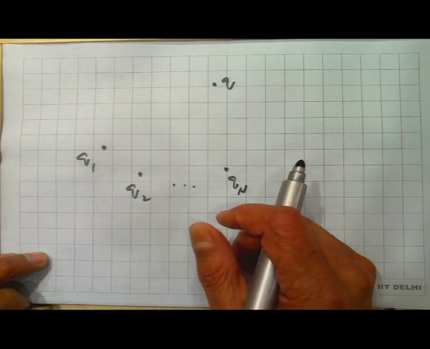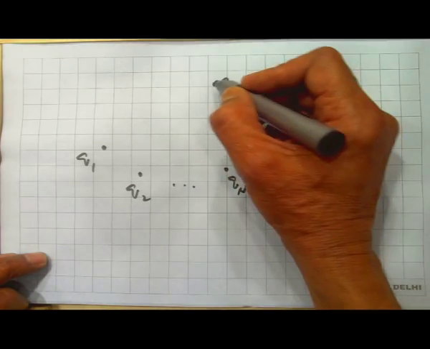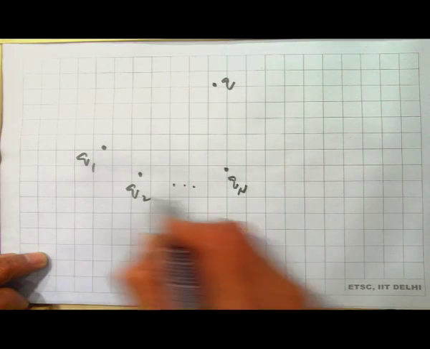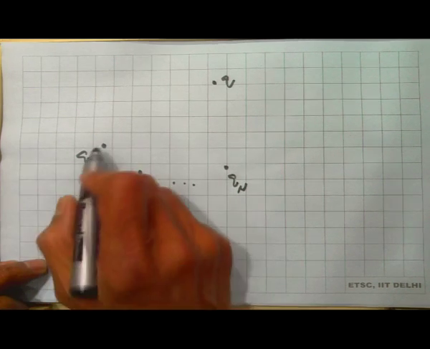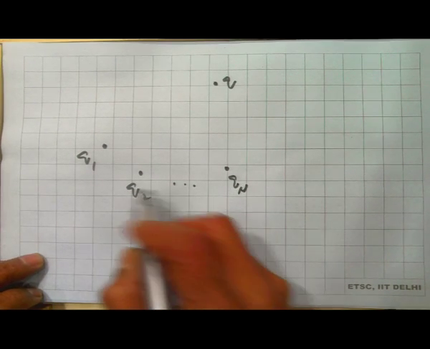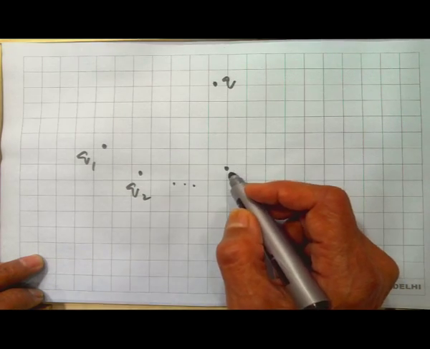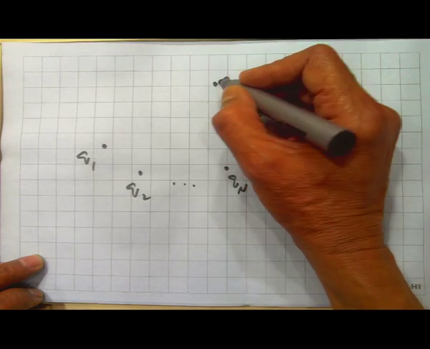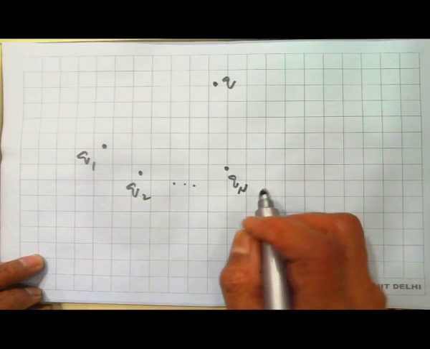Now, I must make sure in this definition that this charge q, when you bring it here and put it here, does not affect the position of all the remaining charges. So, these charges should not get displaced or moved because of the presence of this charge. They have to be held at the same place, so that what I measure here, the force, is exactly because of the electric field at that point, because of all these charges.